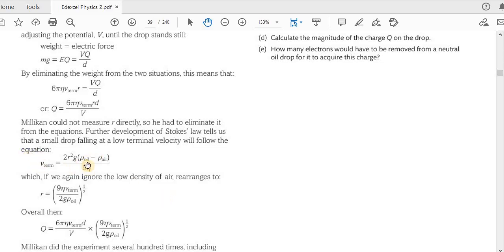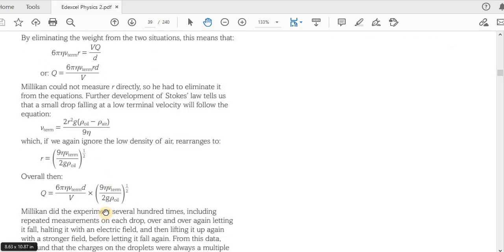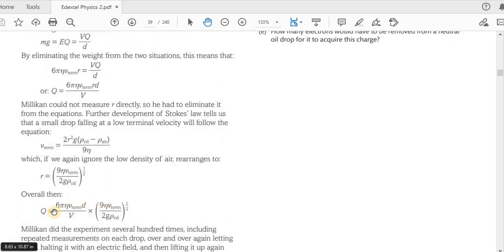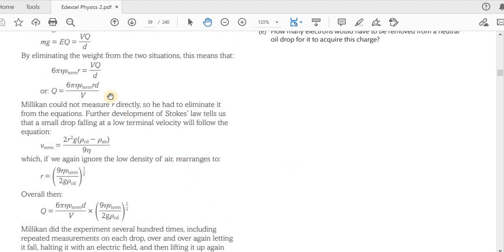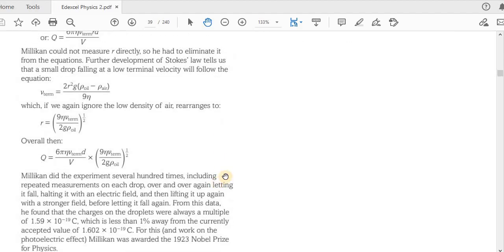This thing goes up there, V is there, this is 0, then you have 2 and 2g down here, and take the square root. Then the charge Q will be, remember this equation here, 6 pi this thing, times R, and R is equal to that. Then you get this simple mathematics.